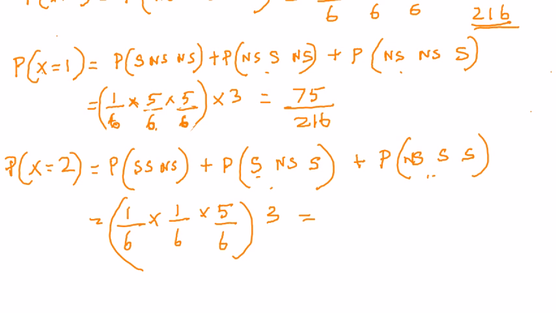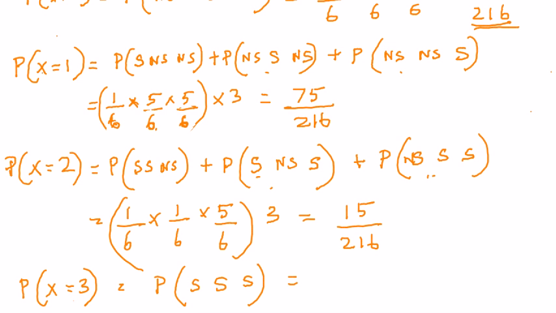So you will typically get 15 divided by 216. And the last is when my random variable takes the value 3, which means I'm getting sixes in all my 3 dice, which is 1 by 6 into 1 by 6 into 1 by 6, which is nothing but 1 by 216.